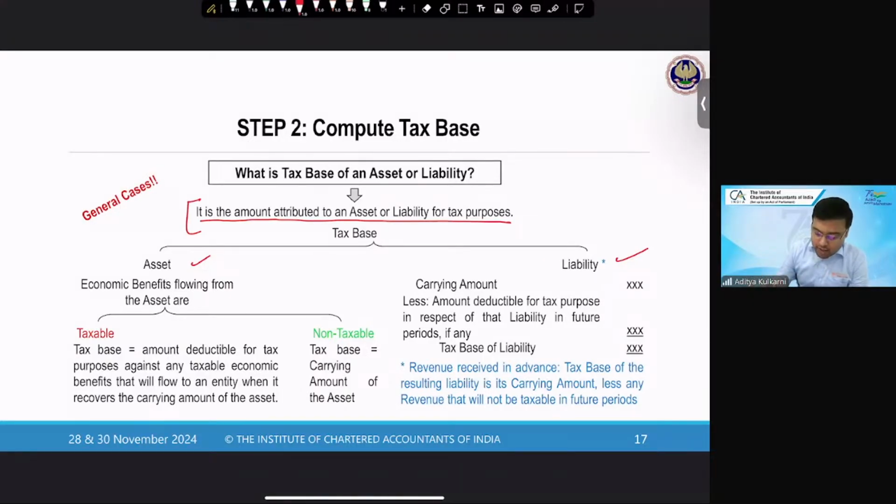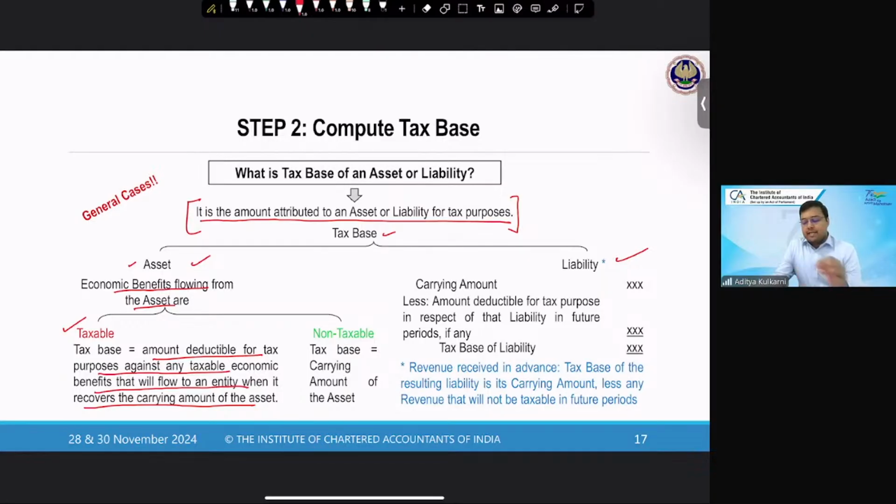Okay, so now if I look at the tax base of an asset, how the standard defines it is, if the economic benefits flowing from the asset are taxable, then tax base is equal to the amount deductible for tax purposes against any taxable economic benefits that will flow to an entity when it recovers the carrying amount of the asset. Simple language.